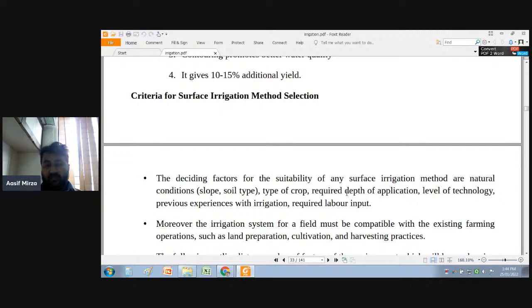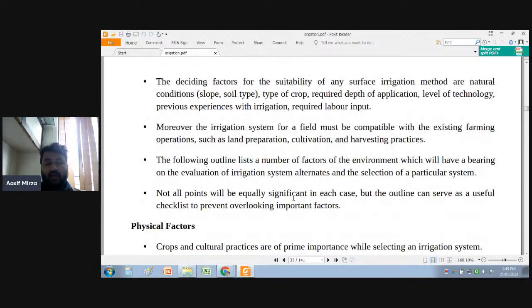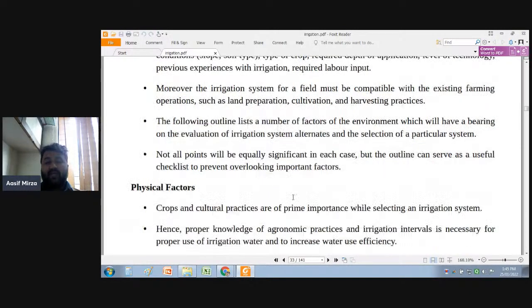Moreover, the irrigation system for a field must be compatible with the existing farming operations such as land preparation, cultivation and harvesting practices. Now, the following outline lists a number of environmental factors which will have a bearing on the evaluation of irrigation system alternatives and the selection of the particular system. Not all points will be equally significant in each case, but the outline can serve as a useful checklist to prevent overlooking important factors.